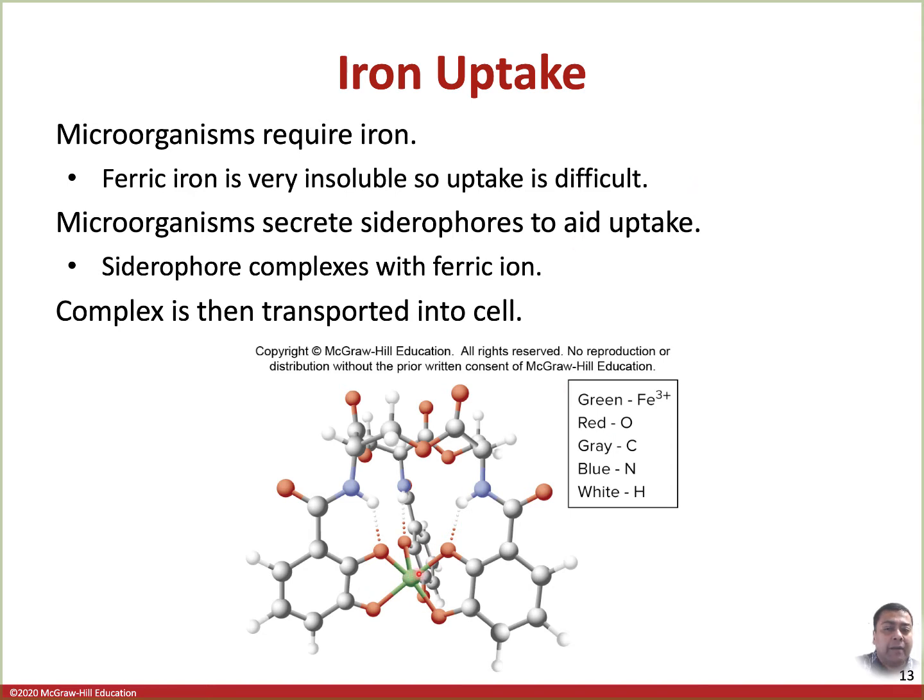So this is the iron, and you can see right here this organic molecule coordinating the iron. This complex with the ferric iron can be transported into the cell by a specific transporter, and this is the way they take up iron through the plasma membrane. This is one of the important things, so please remember this.